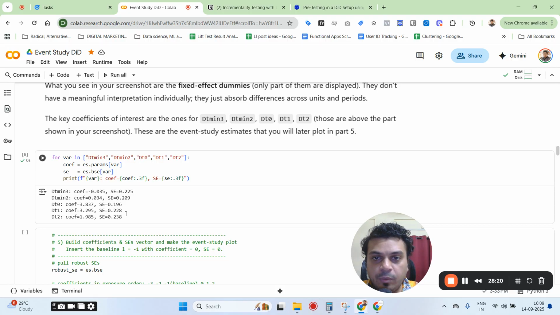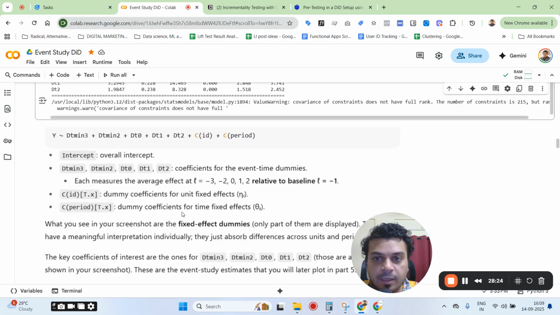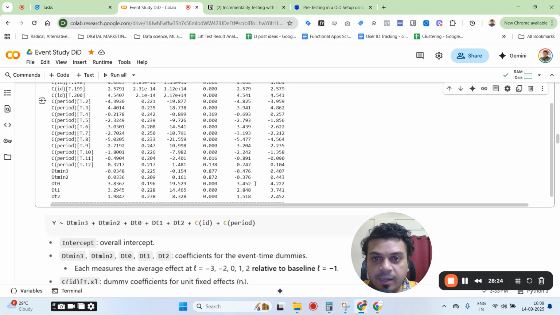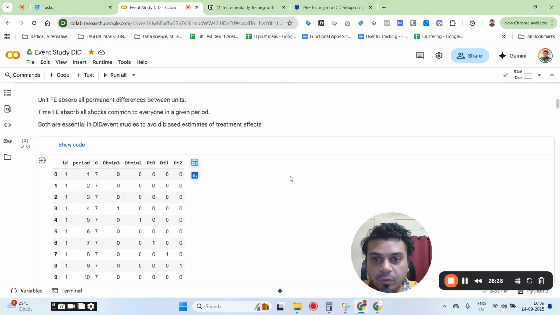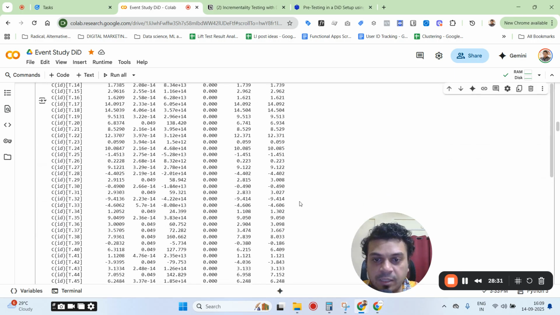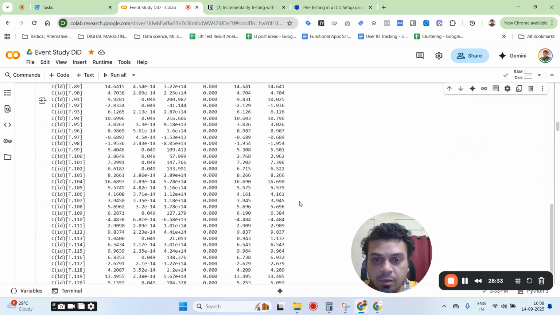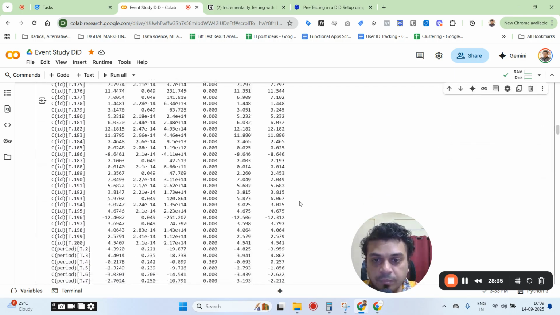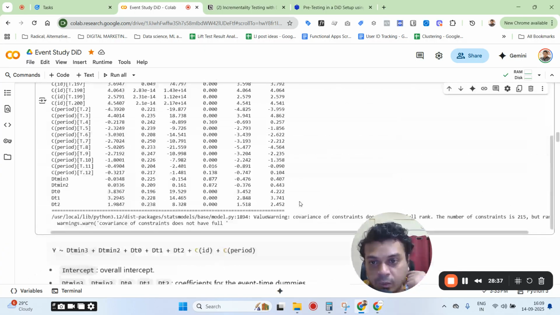Okay, you'll see that these are not statistically significant though, in dmin 3 and dmin 2. That's because the p-value is far more than 0.05.